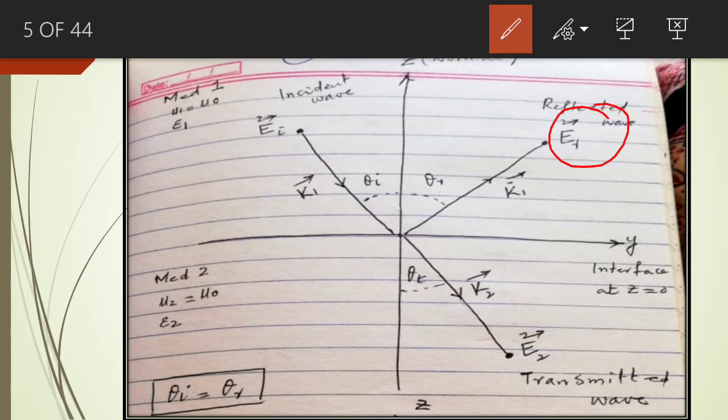The propagation constant of the reflected wave is represented by K1 prime. This is a vector quantity, and the direction of this vector gives you the direction of the propagation of the reflected wave. And theta r is the angle of reflection with respect to this normal. So theta I is the angle of incidence, theta r is the angle of reflection.